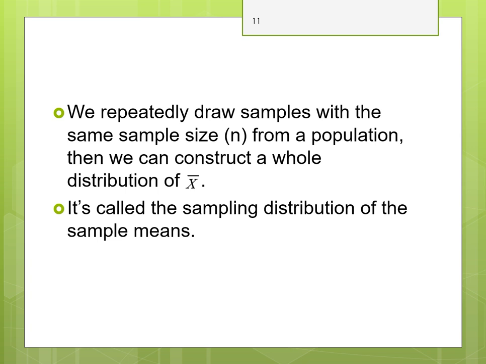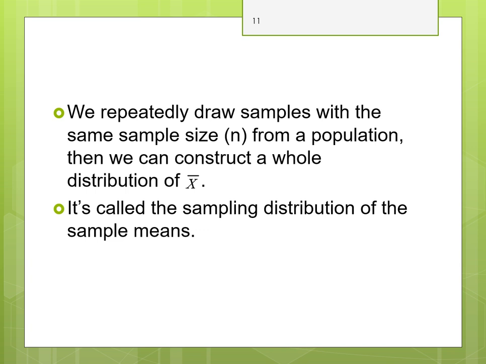In chapter 2, when we learned the normal distribution, it means the distribution of the original data of X. We use X to represent the original data. So that is the distribution of X, not X bar.